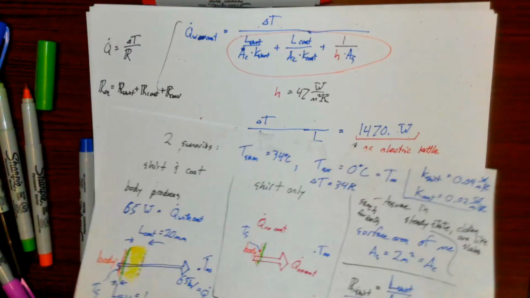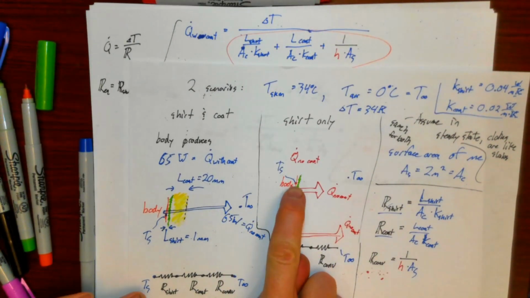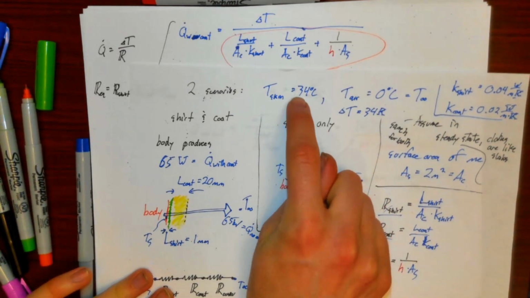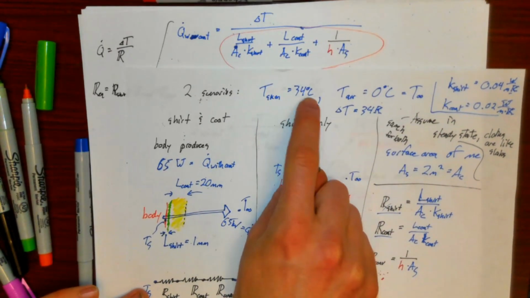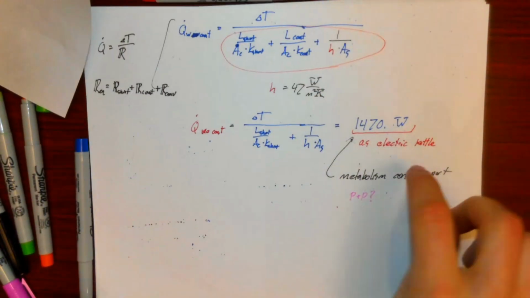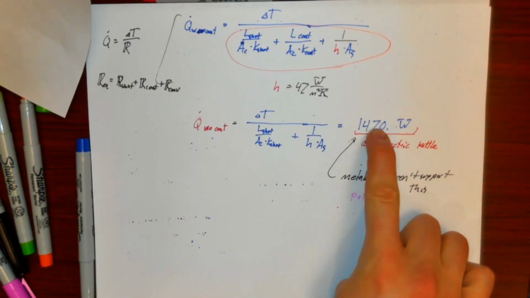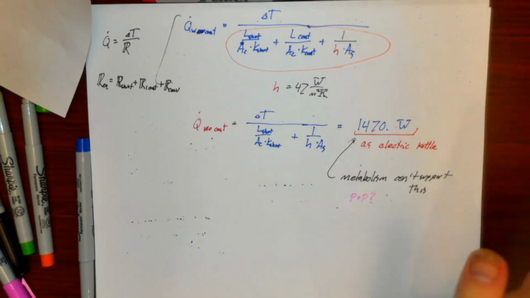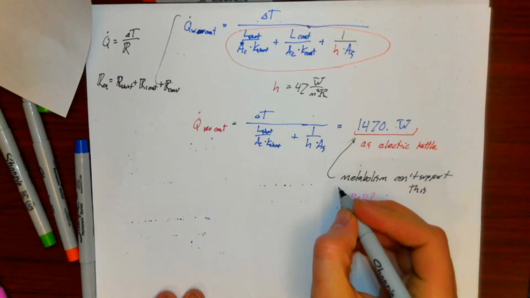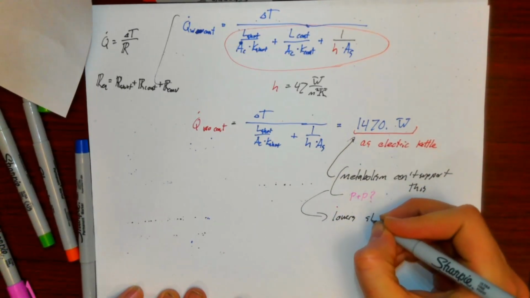Well, we assumed here that our body decides to keep our skin, even if we're wearing no coat, at a balmy 34 degrees C. It turns out that because our body recognizes that it doesn't have the metabolism to support this 1470 watts just dumping out of our skin, our body lowers our skin temperature.